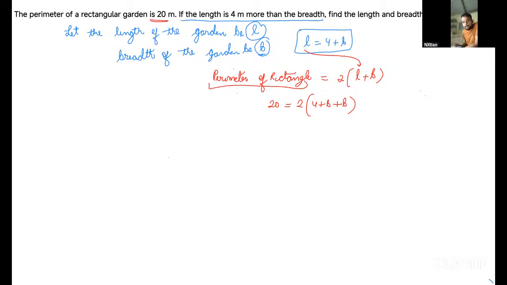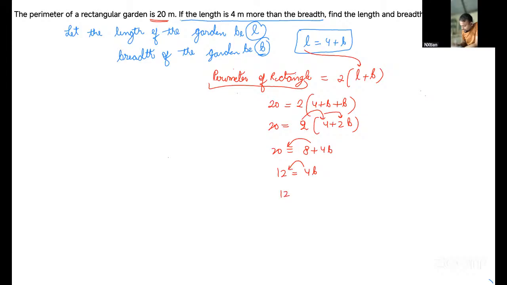Okay. Now 20 is equal to 2 into (4 plus B). Now multiply this and this. 20 is equal to 8 plus 4B. So this 8 will become minus. So it becomes 12 is equal to 4B.